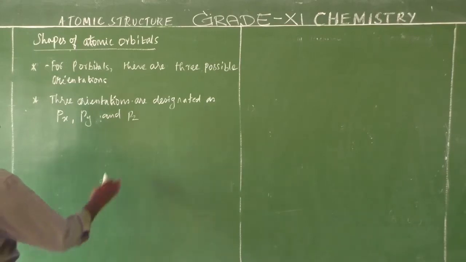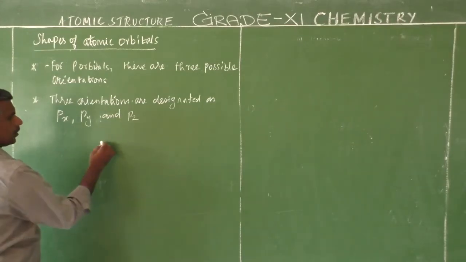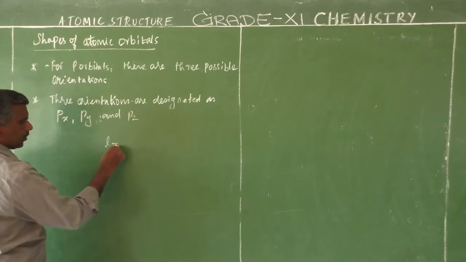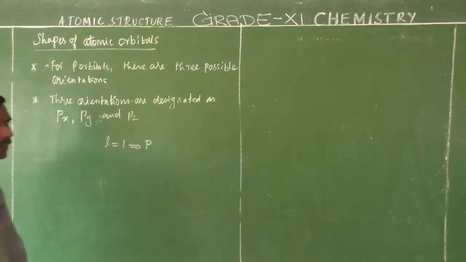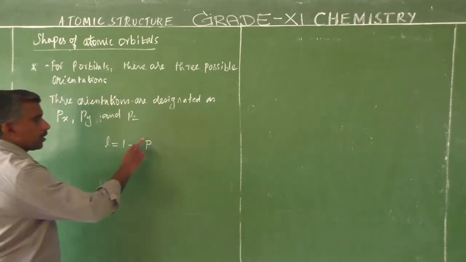Now, l equal to 1 is known as the p orbital. You know from the previous class that the azimuthal quantum number l equal to 1 is the p orbital.